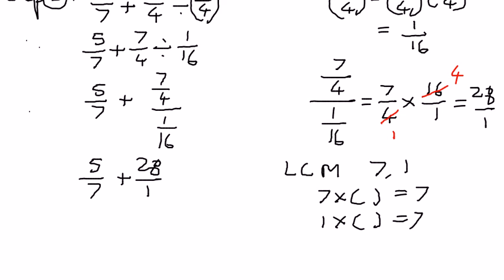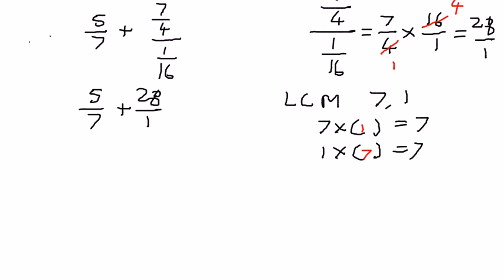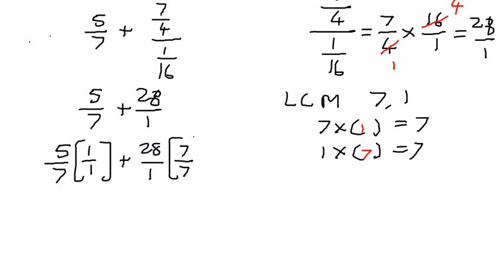That is the only way we will be able to find the common denominator, or the least common multiple between the numbers 7 and 1. 7 times 1 is 7, and 1 times 7 is 7. So therefore when we find the common denominator, we take the first fraction, multiply and divide by 1. We take the second fraction and then multiply and divide by 7.